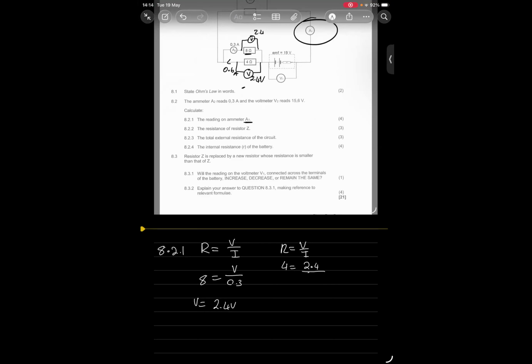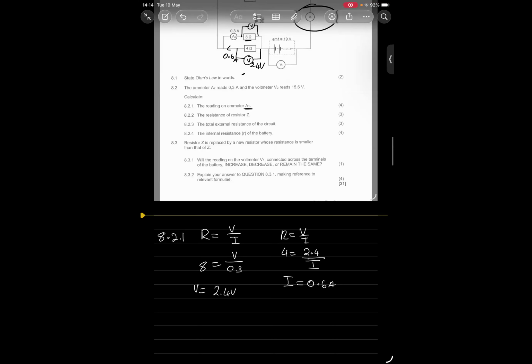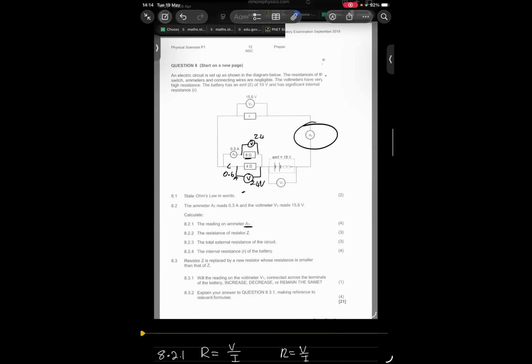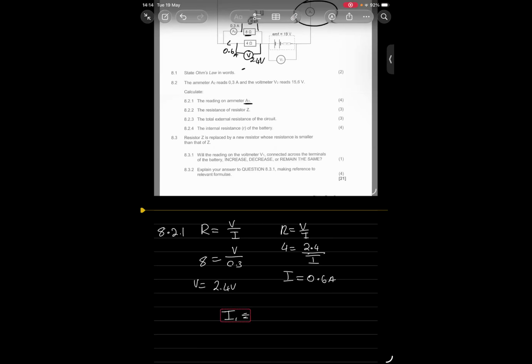R equals 2,4 over I. Then your I is gonna be 2,4 divided by 4, which is 0,6 amps. So now I1 is gonna be equal to 0,3 plus 0,6, which is 0,9 amps.